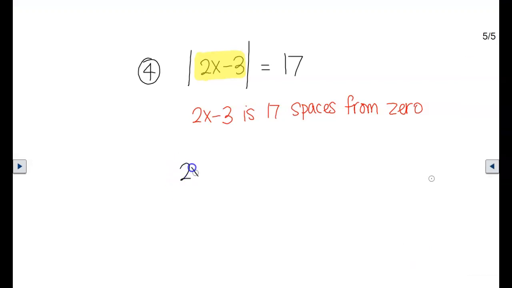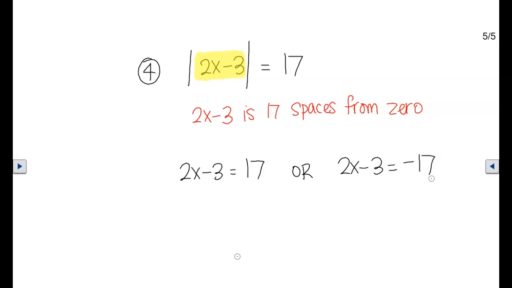Well, 2x minus 3 could be positive 17. That would put him 17 spaces from 0. Or 2x minus 3 could be negative 17. That would put him 17 spaces from 0. So notice again, 2x minus 3 goes into both of my equations, but I have the positive case and the negative case that I have to consider. So I have positive 17 for one of them, negative 17 for the other.